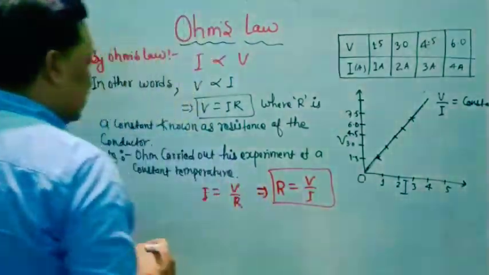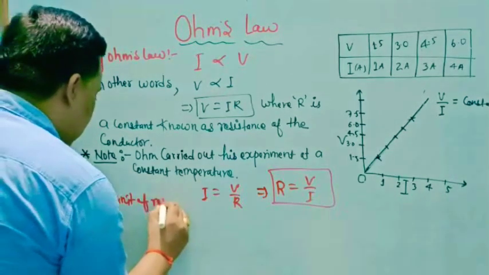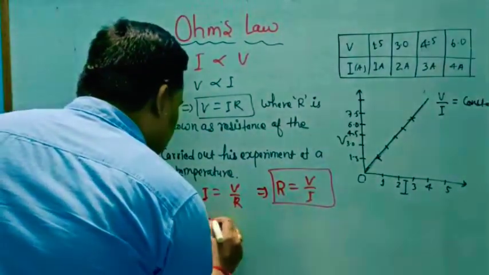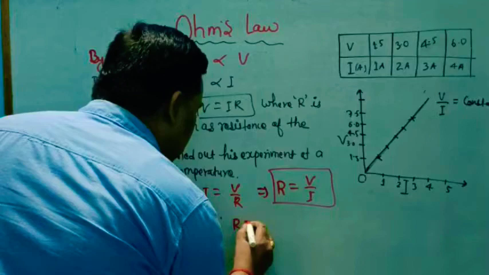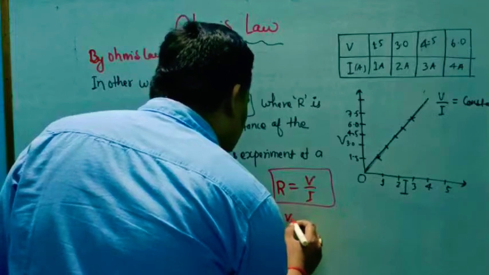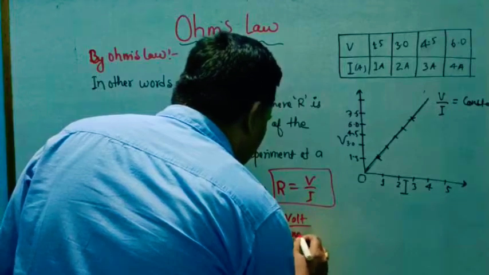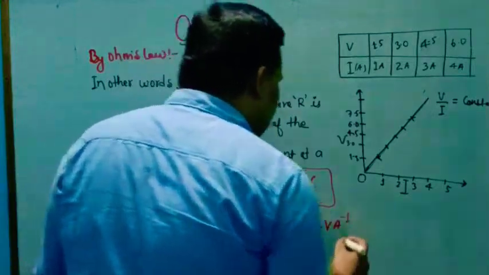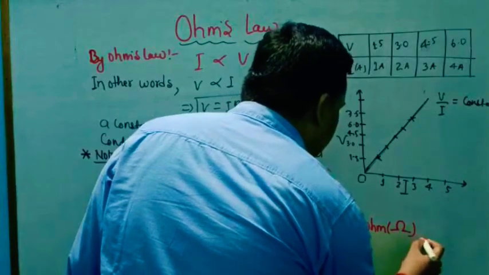So the SI unit of resistance: since R is equal to V upon I, and we know that the SI unit of potential difference is volt, and for current is ampere, so it is volt per ampere, which is given a specific name ohm, represented by this symbol.